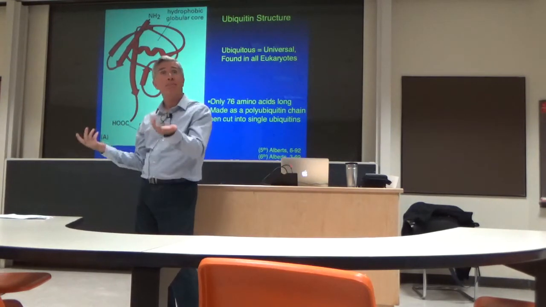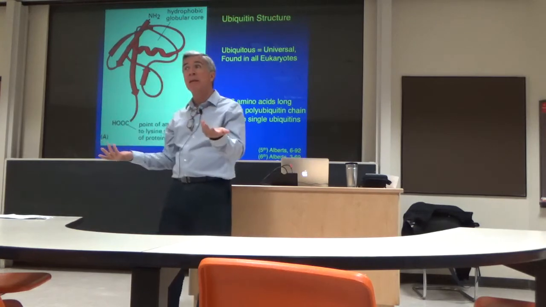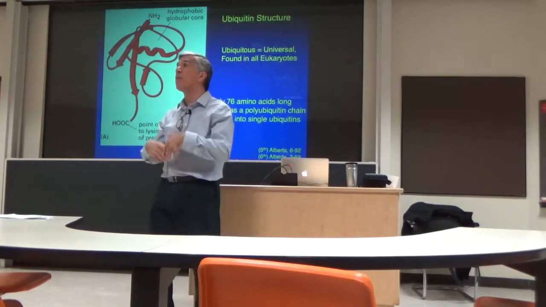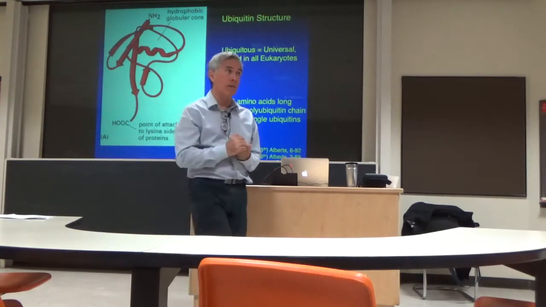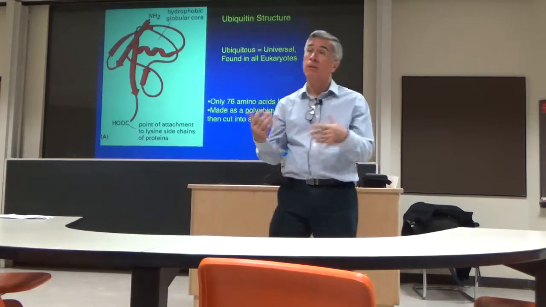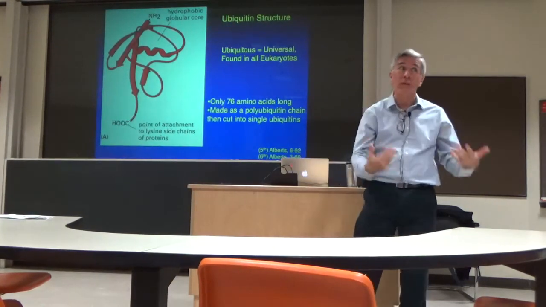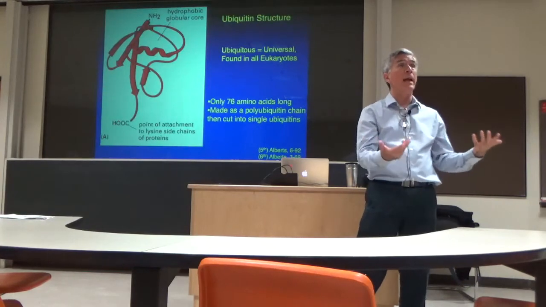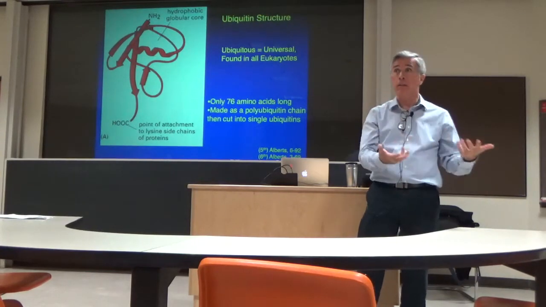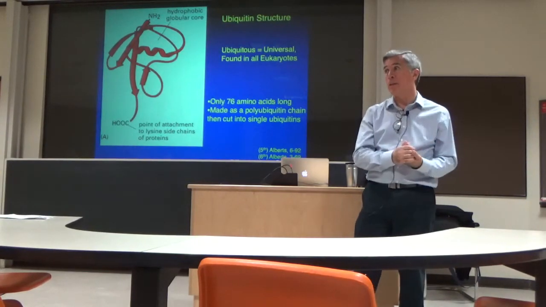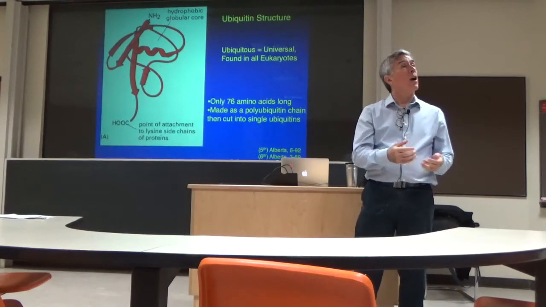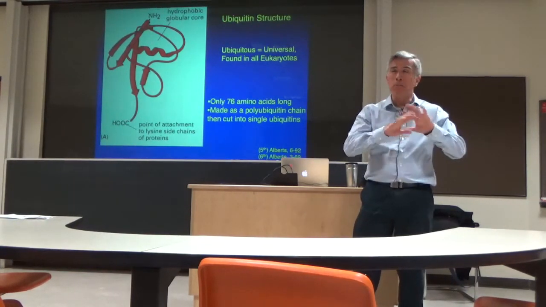Too bad. All right? It happens, and it happens quite a bit. The cell can afford that waste of energy, right? But it's there because it's really important to be able to get rid of any proteins that are constitutively, constantly misfolded.